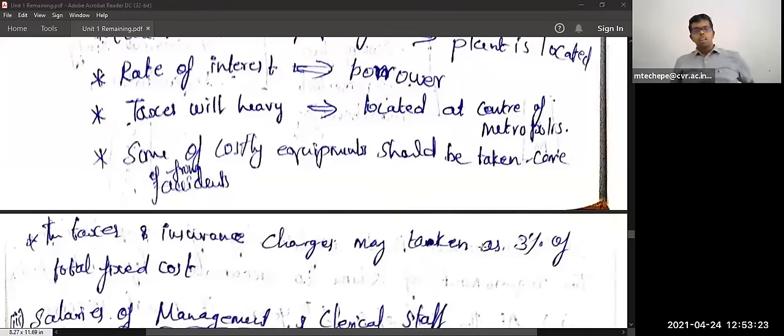Insurance: if the whole power plant is 1,000 crores, 3% comes to around 30 crores. You have to spend 30 crores for insurance alone, plus taxes, again some lakhs.